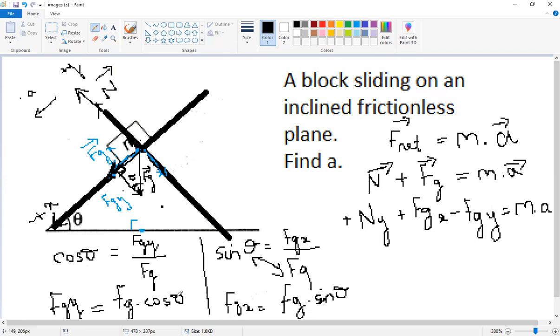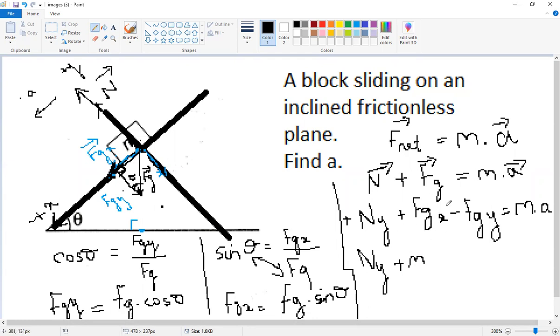So now we can substitute these values in the equation here. Plus FGX, what is FGX? It's FG times cosine theta, right? But FG is the weight, what is the formula for the weight? It's mg, so instead of FG, I can write m times g. Mg cos, no, I'm sorry, this is FGY, so it's mg sine theta.